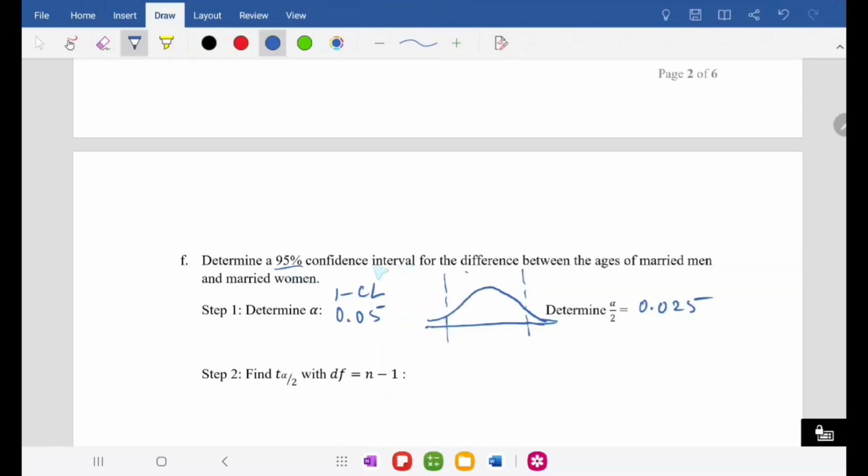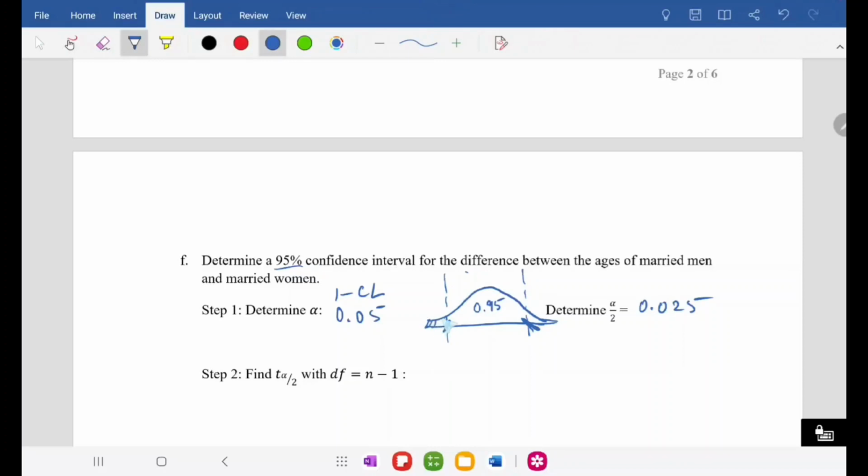So the confidence interval is the probability that the population mean, the difference in this case, will be contained within that interval. And when we talk about the 95% confidence interval, that probability is 0.95, and that 0.95 is the area bounded by the end points of the interval, right?